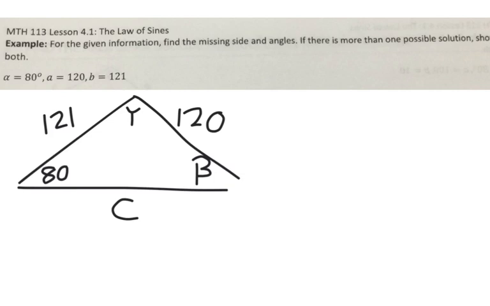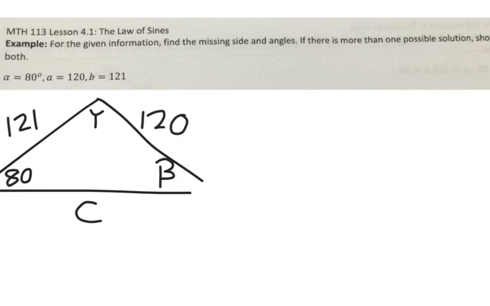Let me draw it. So this could be what the triangle looks like. Or imagine it's like pin the tail on the donkey. I've got a pin up here holding this point, this 120.